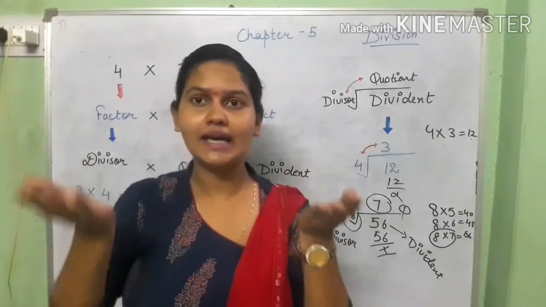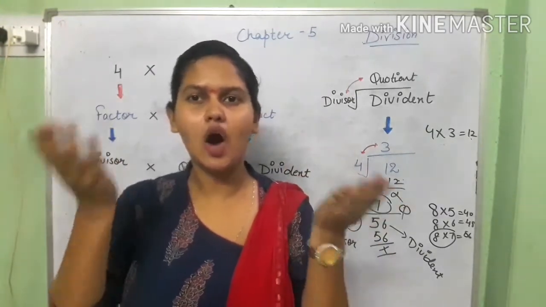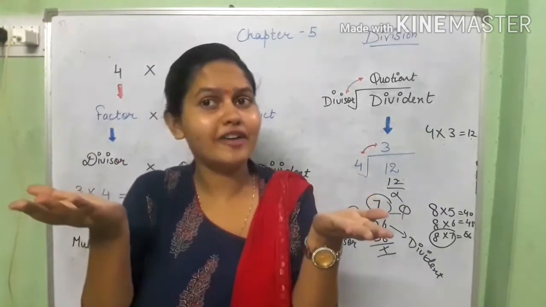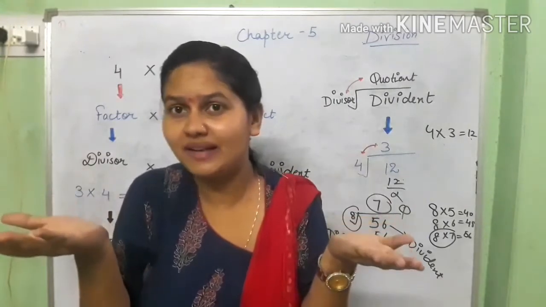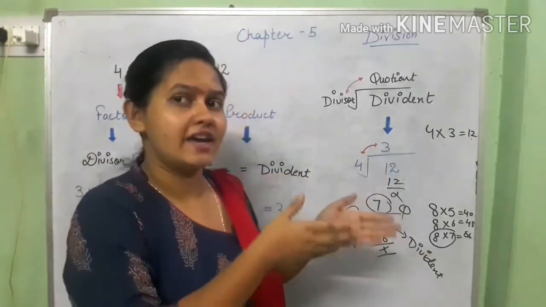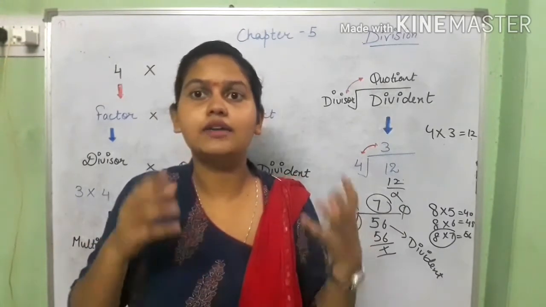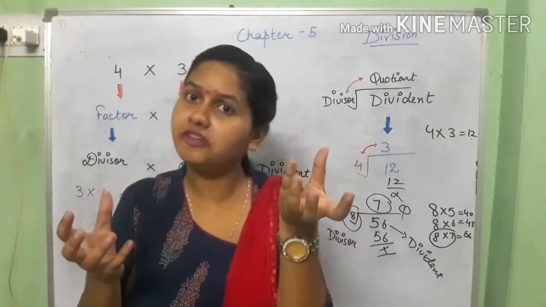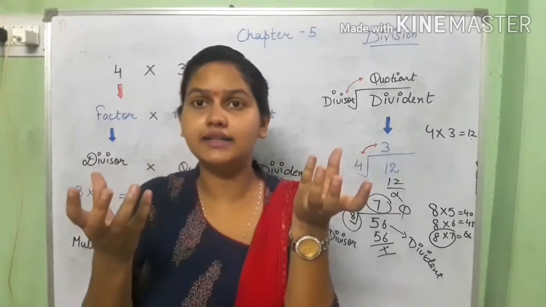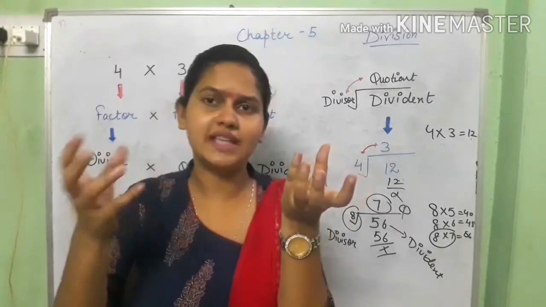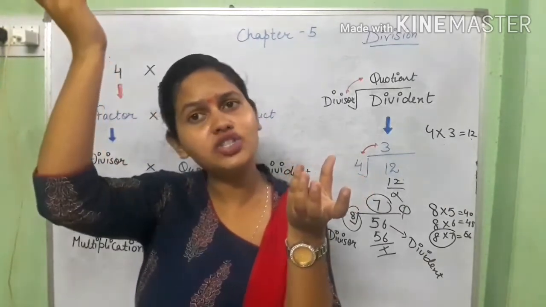So this one is just the opposite, but they have the same value because they have the same table. If we have 7 8s are 56, then in the division we have the dividend, which means 56, and we divide it by the divisor, which means 7 or 8, and we find the quotient.